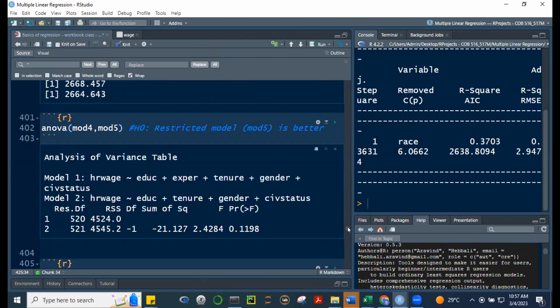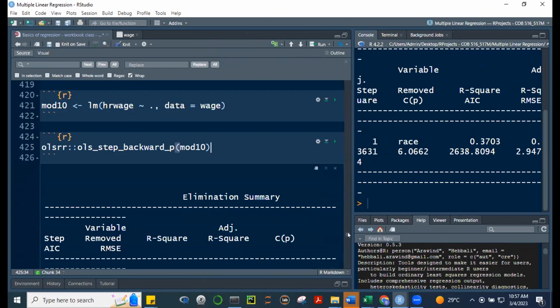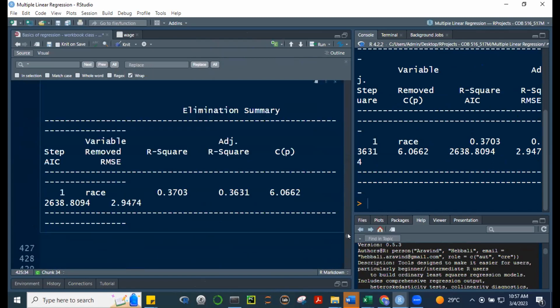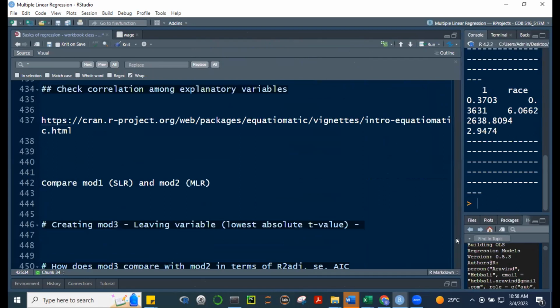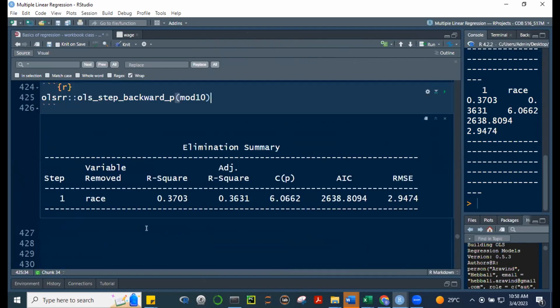Okay, this should give us, but isa lang na-eliminate. Okay, let me check lang siya. Kasi dapat ipapakita, it should show all the variables that race lang yung remove, no?